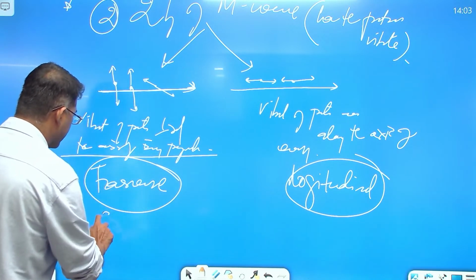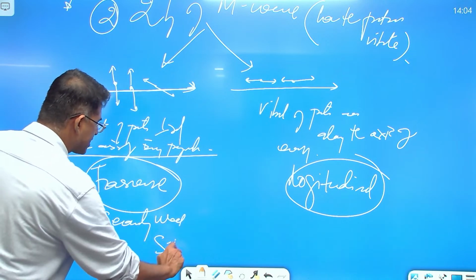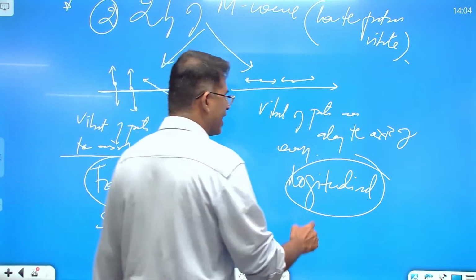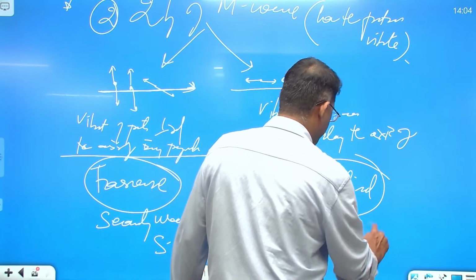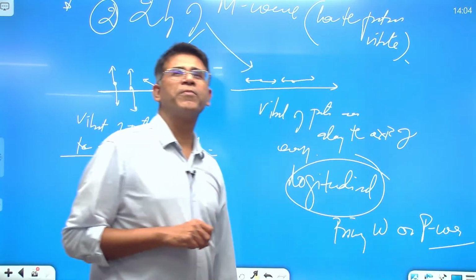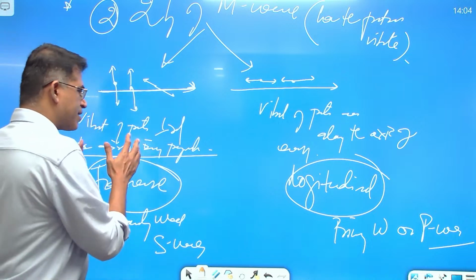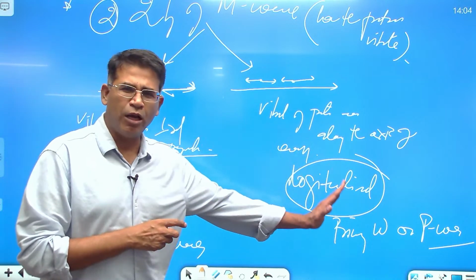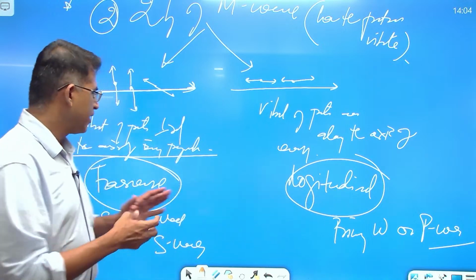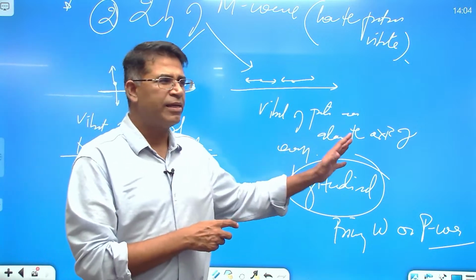These are also called secondary waves or S waves, and we call these the primary waves or P waves. So mechanical waves can be surface waves, body waves. Mechanical waves can be transverse waves, longitudinal waves, also called secondary S waves, also called primary P waves.